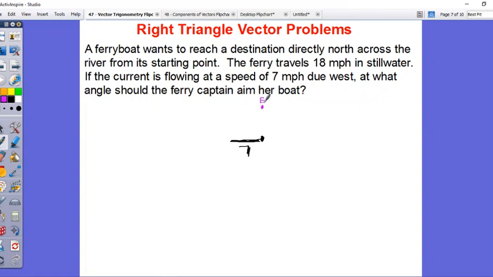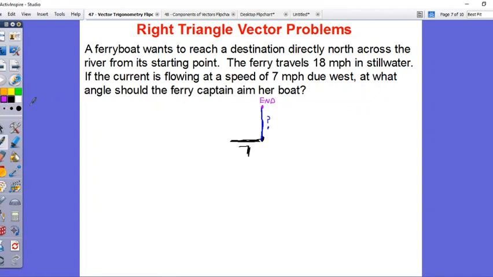This is our ending point. We don't know this direction. Magnitude is questionable. And we need to know what angle the ferry captain should aim the boat.